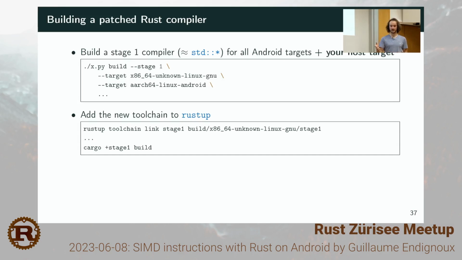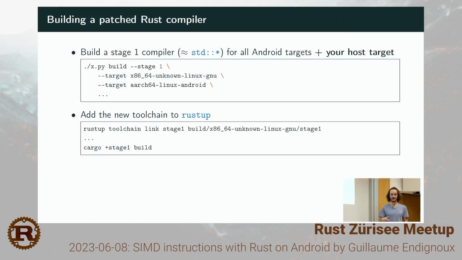For all the Android targets, this standard library is the code where my patch was. I also needed to compile it for the host target, even though I'm never going to use this local compiler to compile for my host, but that's what was needed. And lastly, I had to add it to rustup and just run cargo plus the name of my toolchain build.